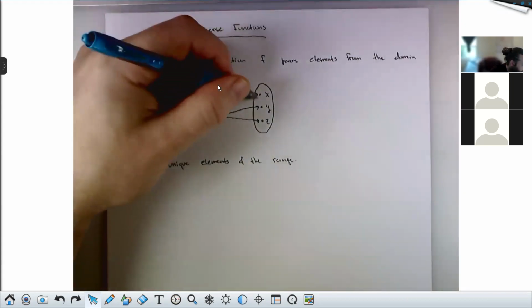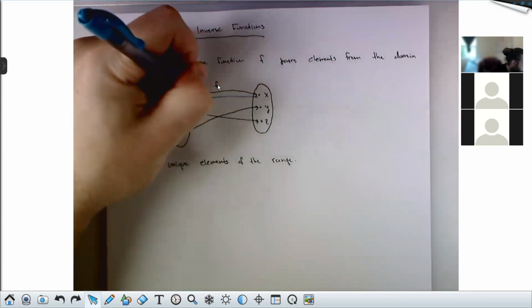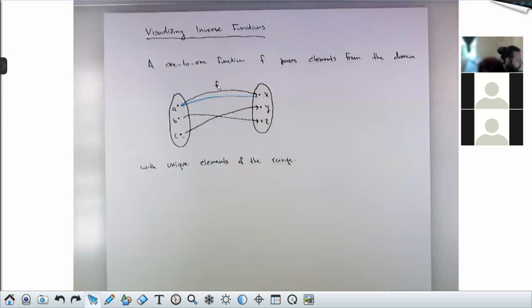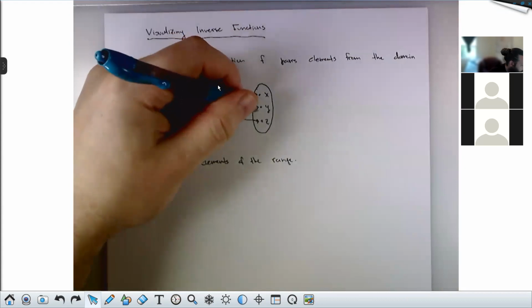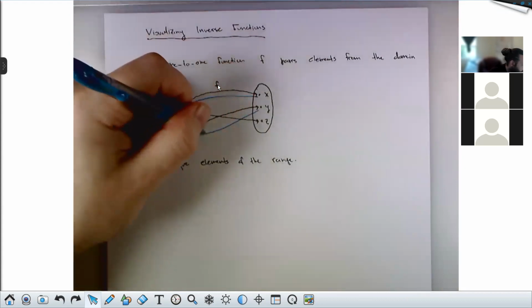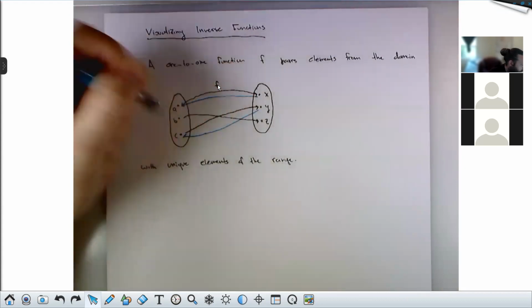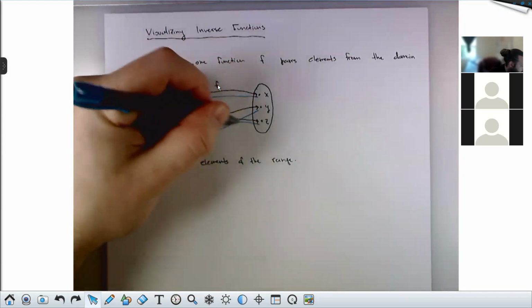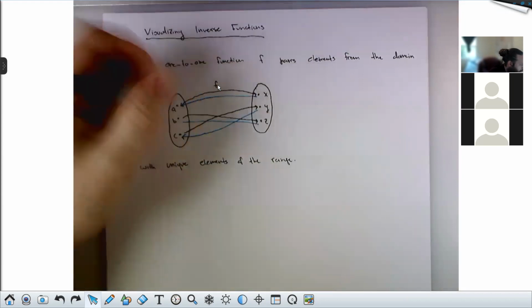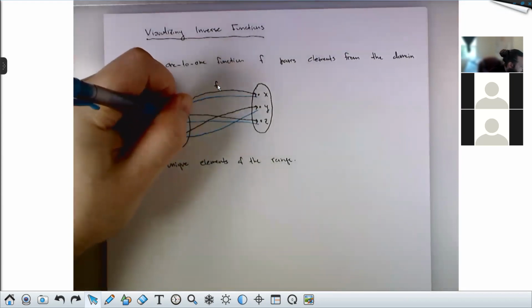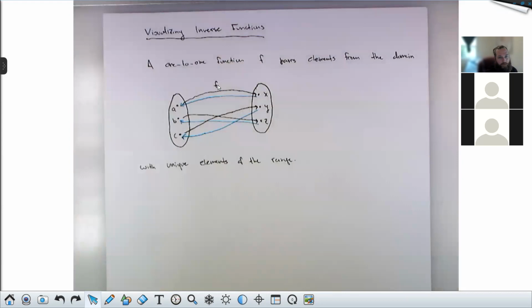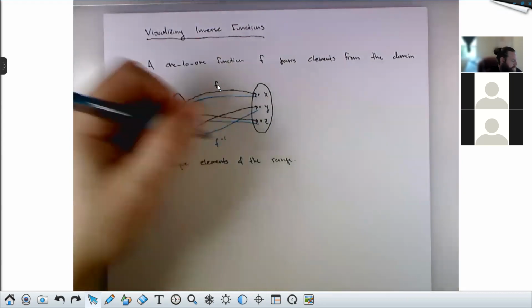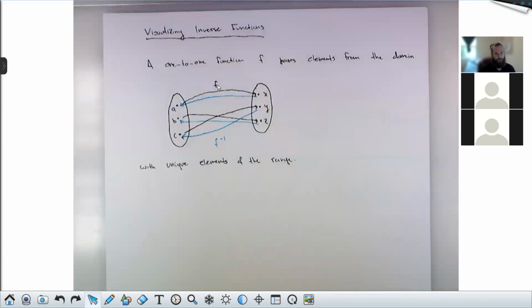I send x back home to A. I send y back down here to C. And I send z back up here to B. The blue arrows represent the inverse function.